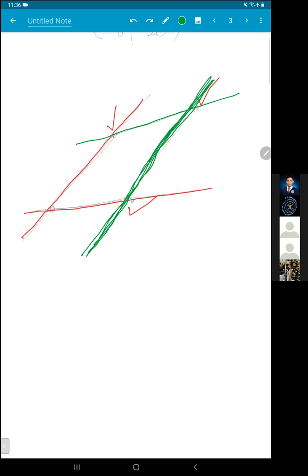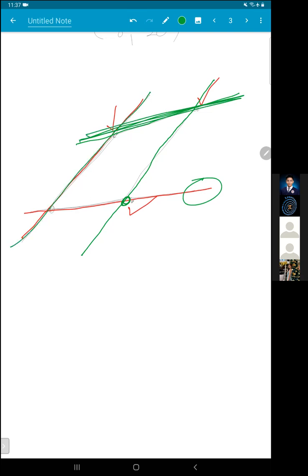So kukunin mo muna yung equation dito eh. And then same thing with this line. You know a point on it, and you can get its slope by getting the slope of this one. And then once nakuha mo to, so-solve mo yung system para makuha yung intersection. So idea lang naman yung binibigay ko.